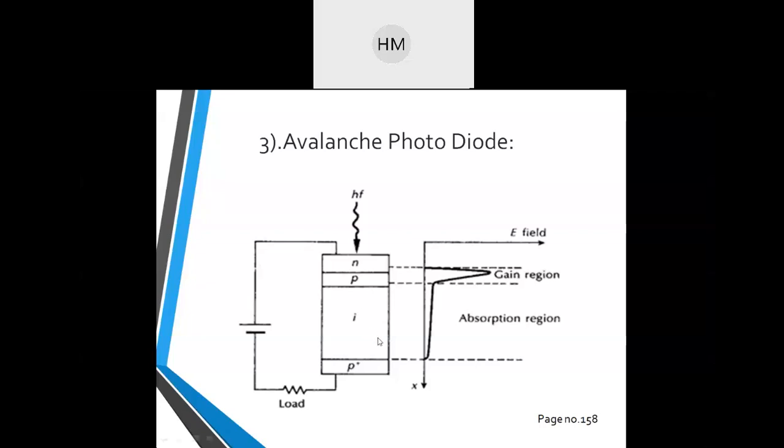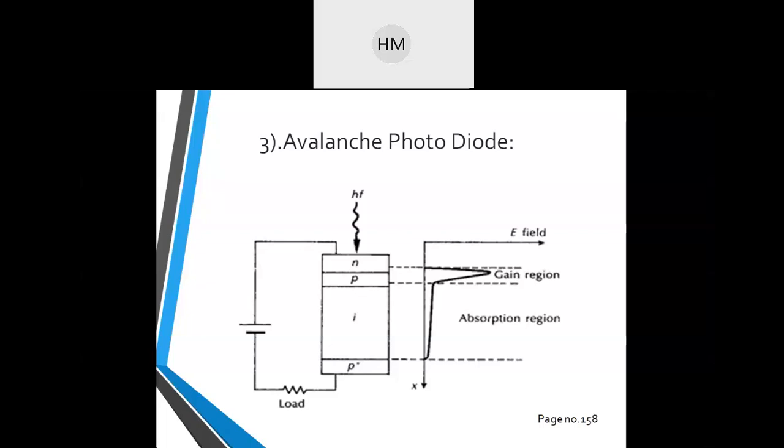A very important word. You can write this word. Carrier multiplication, impact ionization, reach through construction, all these words are related with your APDs. ठीक है, for carrier multiplication to take place, the photo generated carrier must traverse a region where a very high electric field is present.